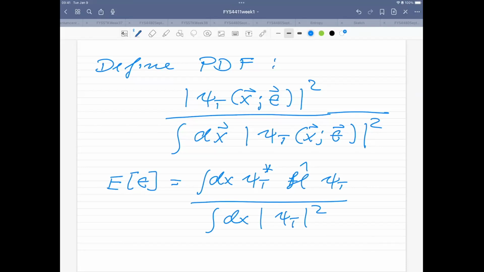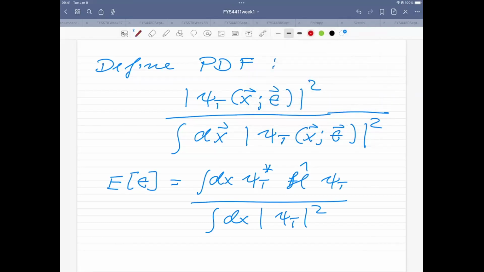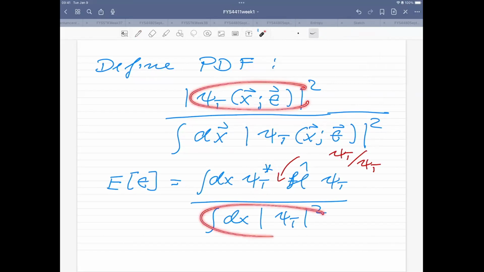Now, what I'm going to do is simply to introduce a new quantity by multiplying with psi_T and dividing by psi_T. And you see now that if I multiply with psi_T here, then I get something which looks like this. And I have this in the denominator.